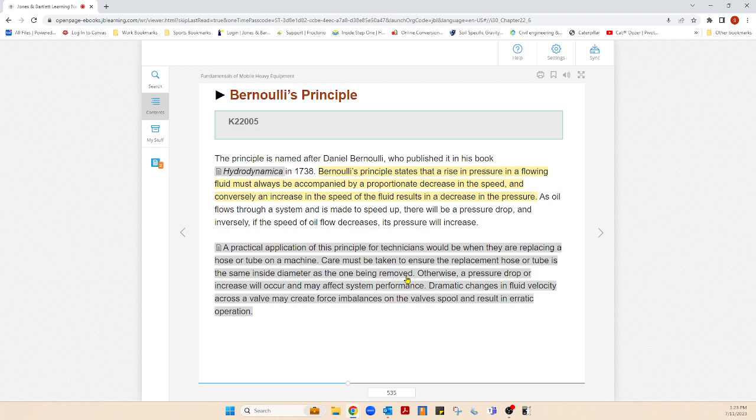You may have cavitation, chatter. Otherwise a pressure drop or increase will occur and may affect system performance. Dramatic changes in fluid velocity across a valve may create force imbalances on the valve spool and result in erratic operation.